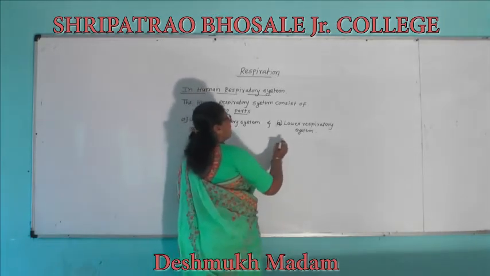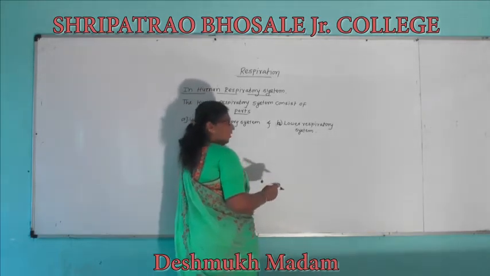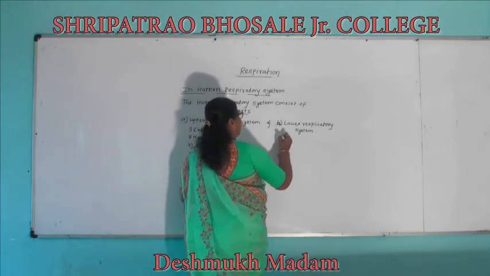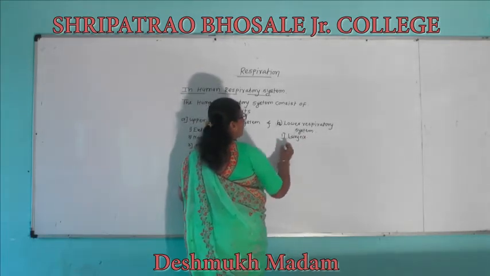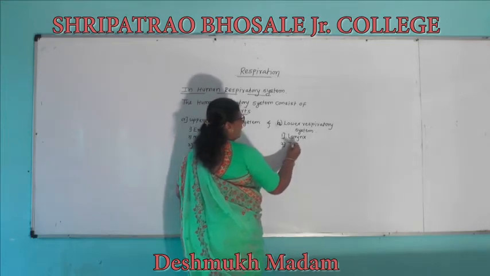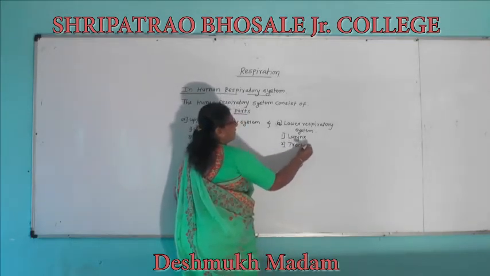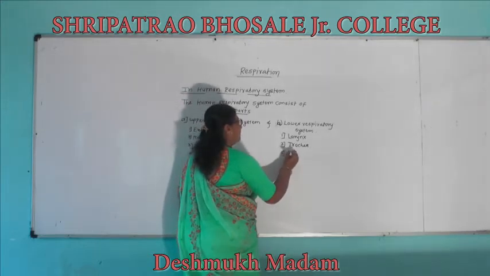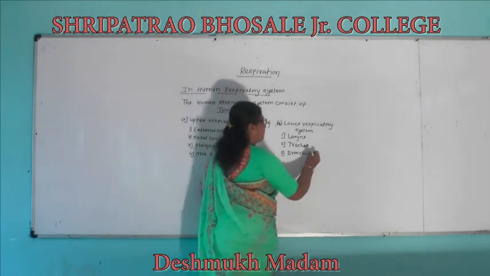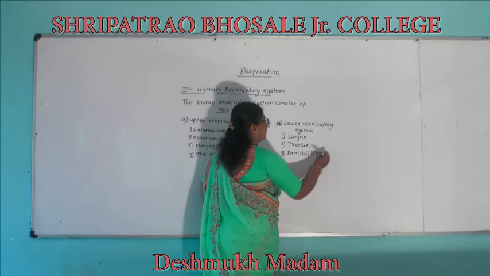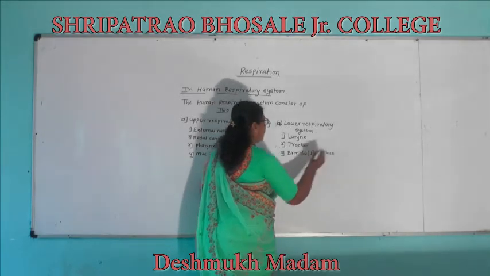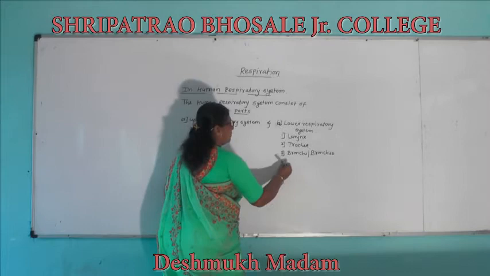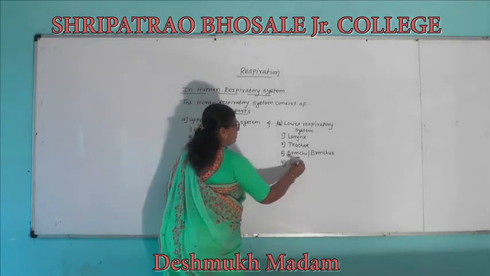Then the lower respiratory system consists of the following parts. First, the larynx; second, the trachea; third, the bronchi or bronchus; then fourth, the lungs.